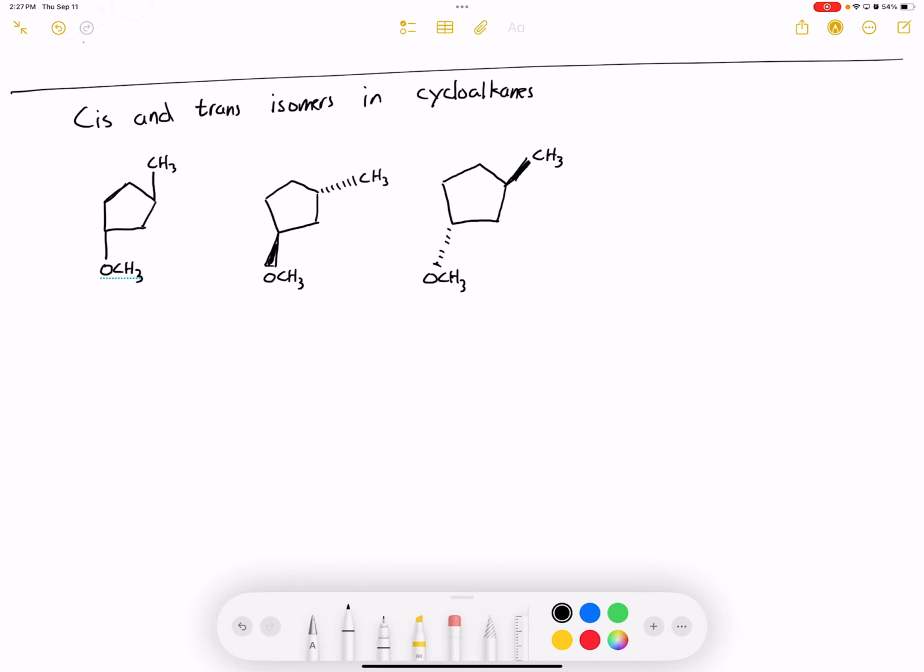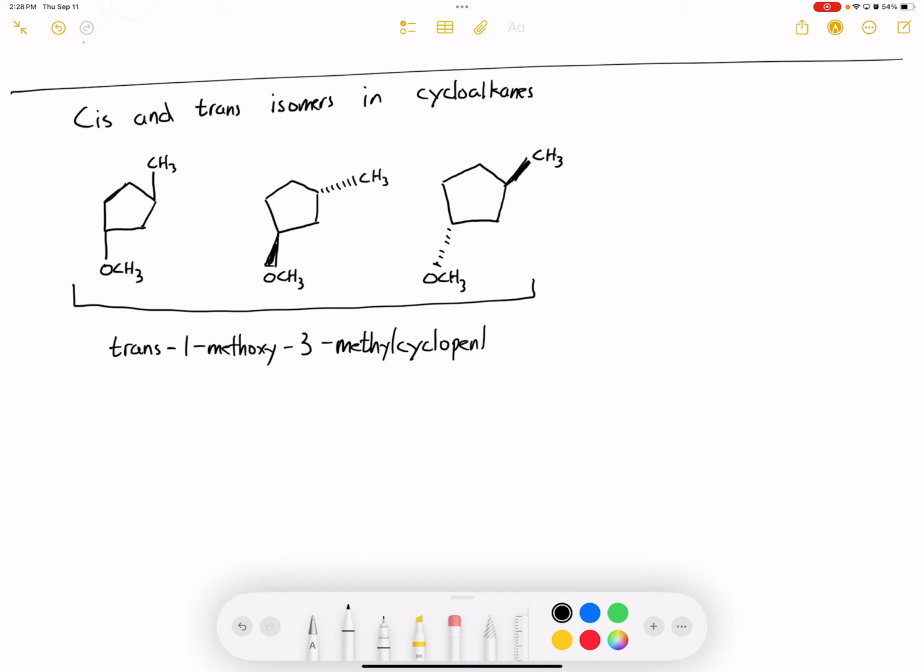Okay. So all of these is the molecule trans-1-methoxy-3-methylcyclopentane.